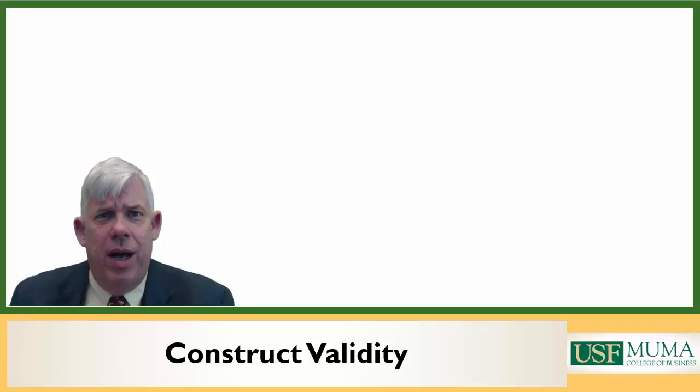So, as I mentioned, constructs tend to be abstract concepts that we believe are important even if they can't be directly measured. And one of the most important things about your constructs is you have to make the argument that they are valid. They aren't just things that you made up, or if you did make them up, you have some evidence.